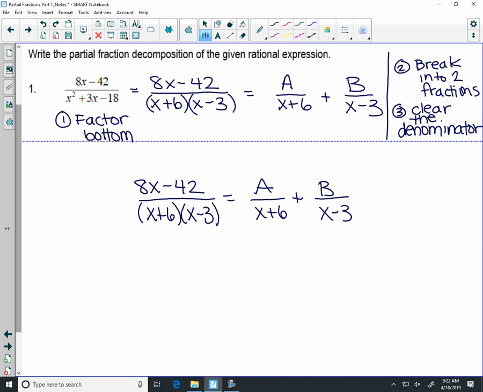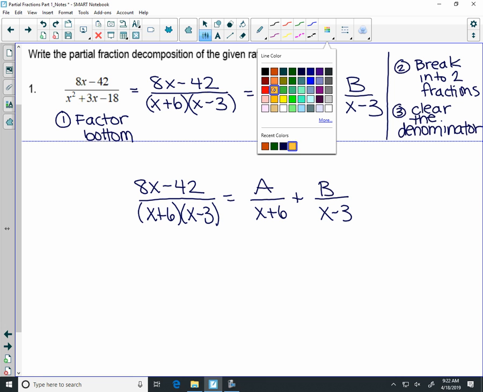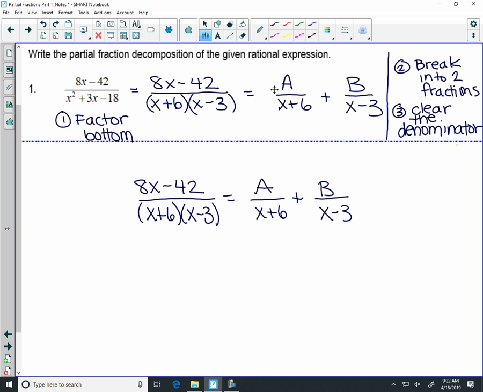Some of you will want to show this step because you need to. Some of you will want to show this step because you're completely type A. So when we clear the denominator, we're going to multiply each term by our most complicated denominator. Our most complicated denominator is x plus 6 times x minus 3. We're going to do that everywhere. And I'm really going to write it everywhere this time.